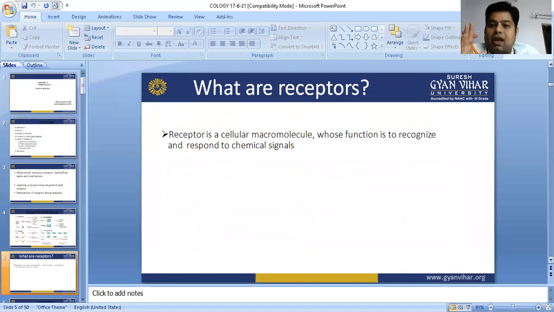This chemical signal can be obtained from our neurotransmitters, from some autocoids, from local hormones, hormones and endogenous molecules which can initiate the action, and from the drugs, medicine. So when the drug binds with the receptor, it performs its normal function. These are the definition of receptor in a broad sense.